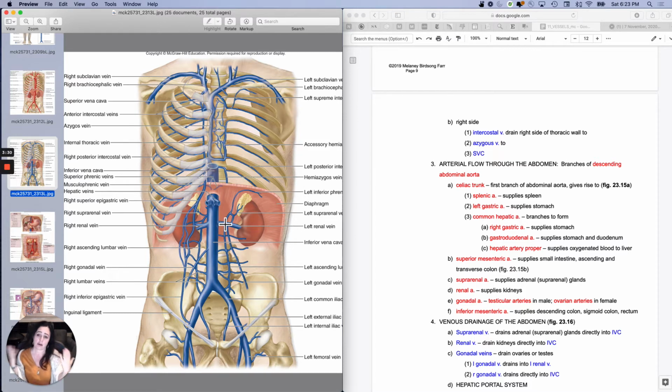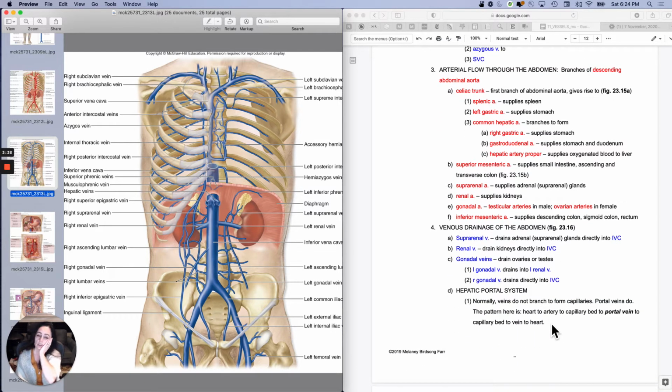But then notice you don't have any superior or inferior mesenteric veins in this picture. And that is because the venous drainage of the abdomen uses a strange circulation pattern, because you need all of that blood that was absorbed from the intestine to go through the liver before it goes back into circulation, because the things that we eat are not sterile.